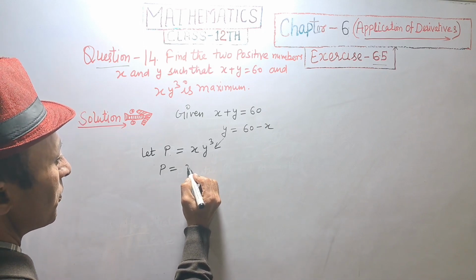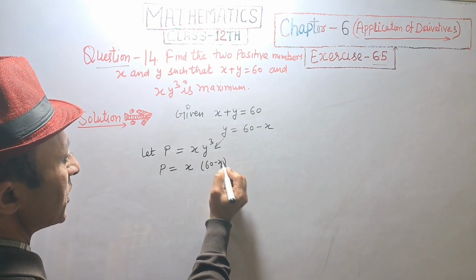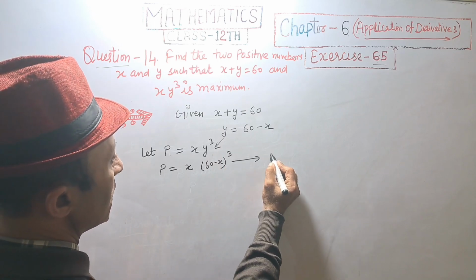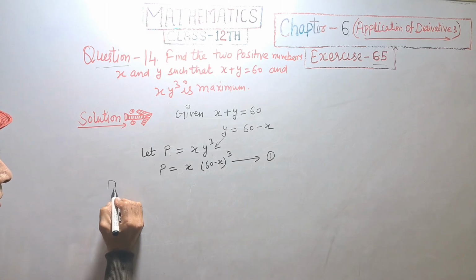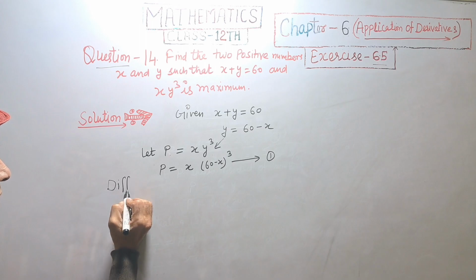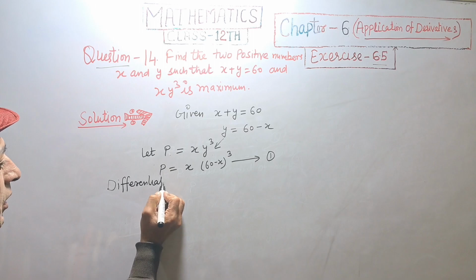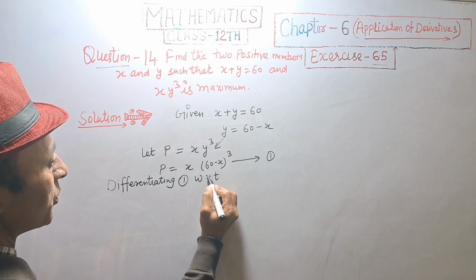P is equal to x into (60 minus x) raised to power 3. And differentiating first equation with respect to x.